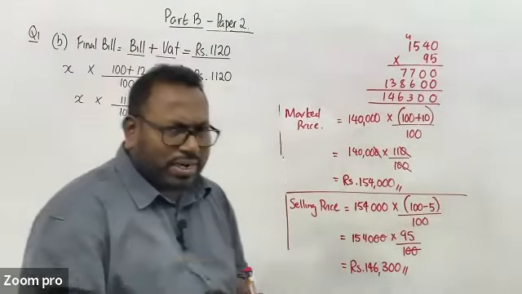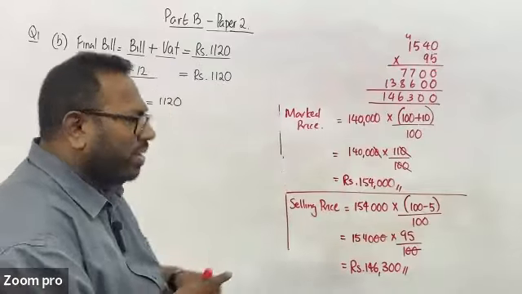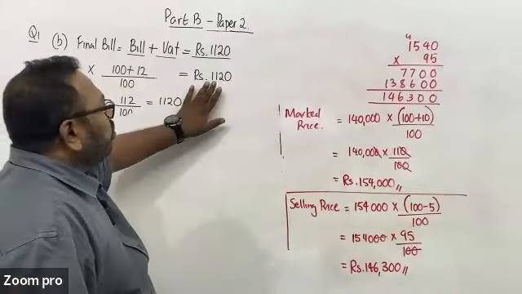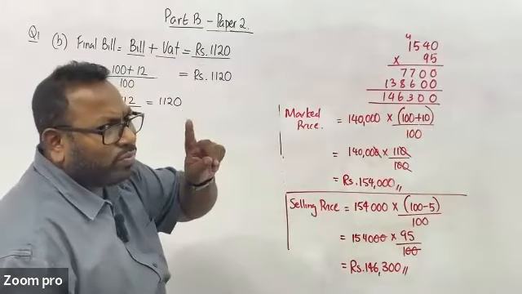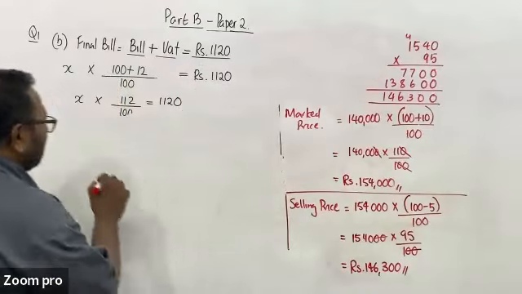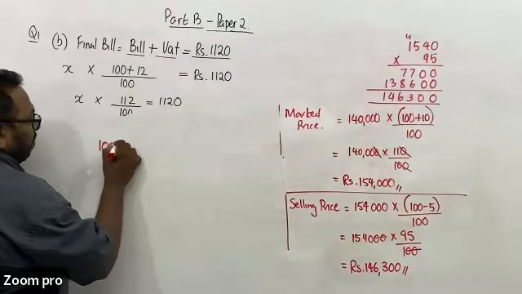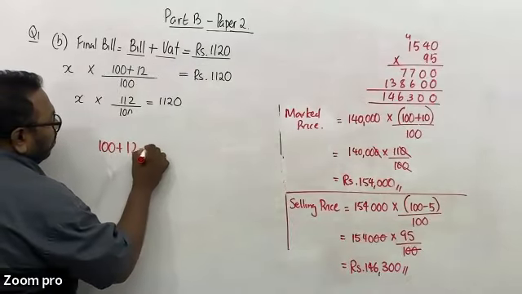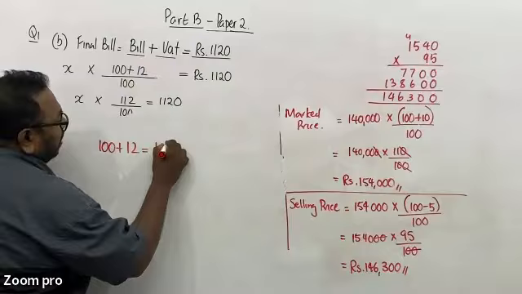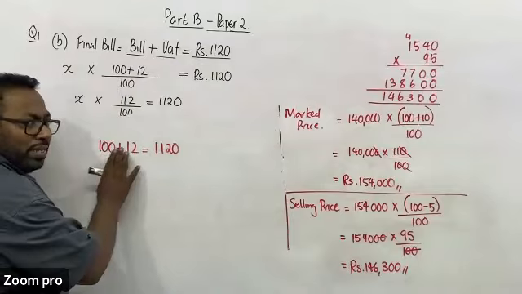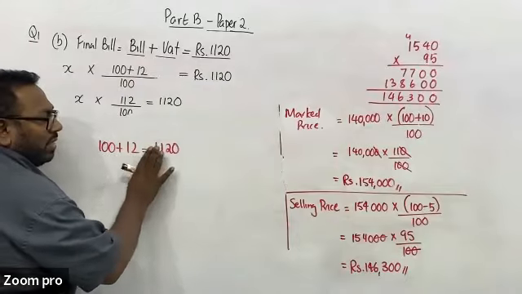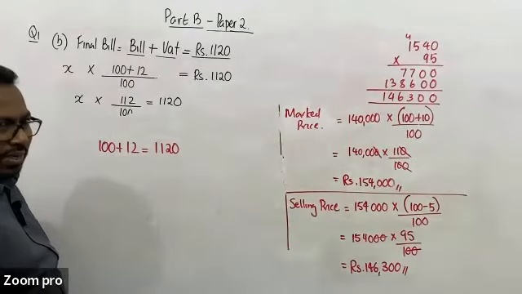I'll try a little different way. You know this 1120 is inclusive of 12% VAT. So 100 plus 12 is equal to 1120. What is this 100? The cost plus your 12%.